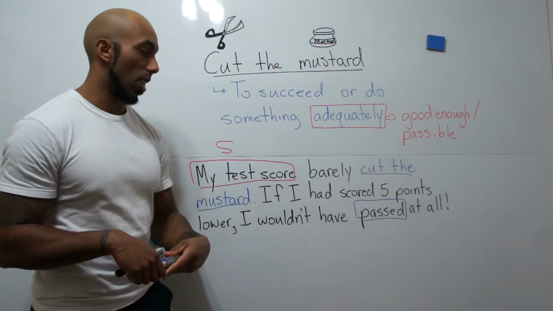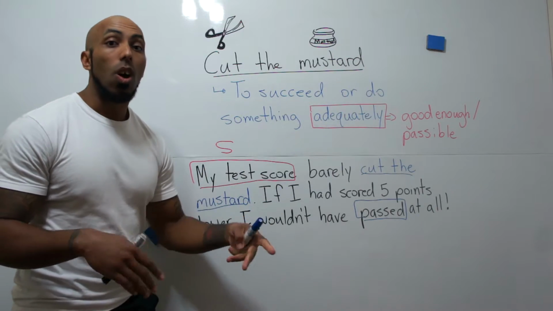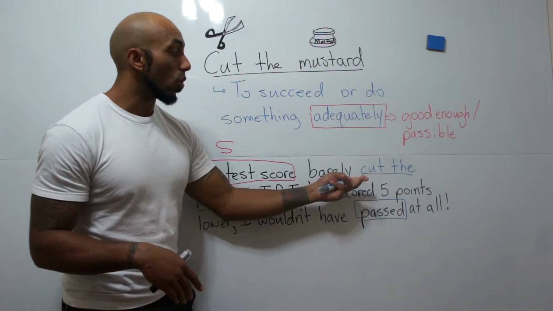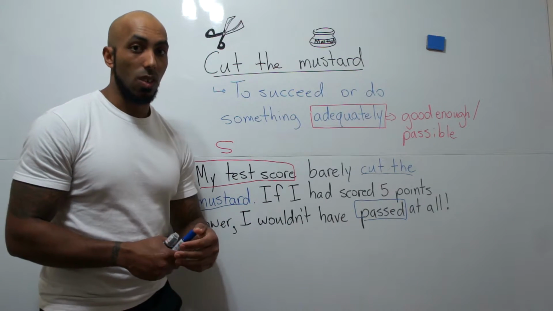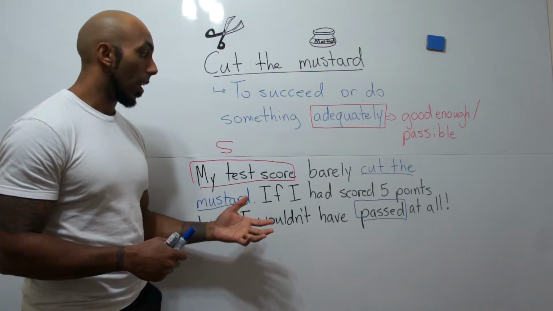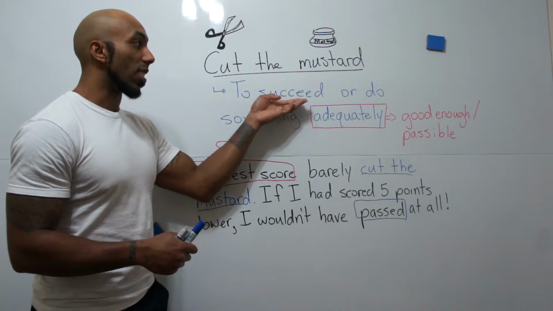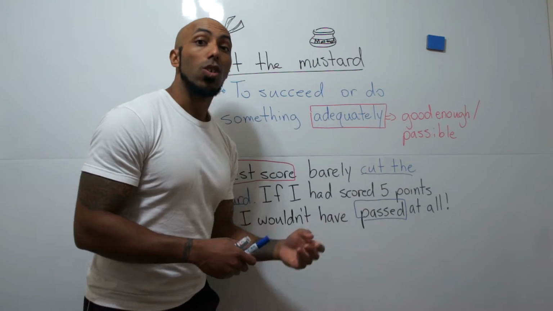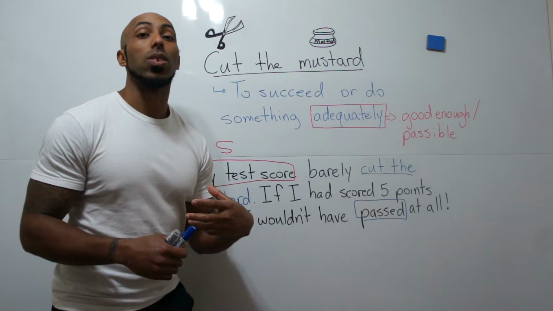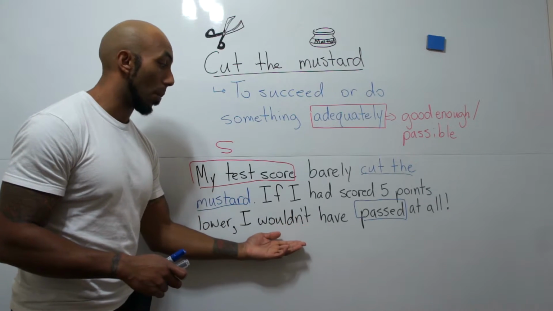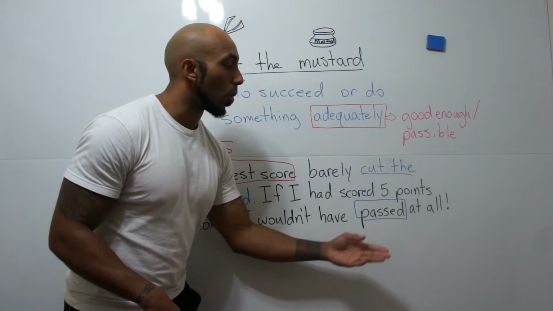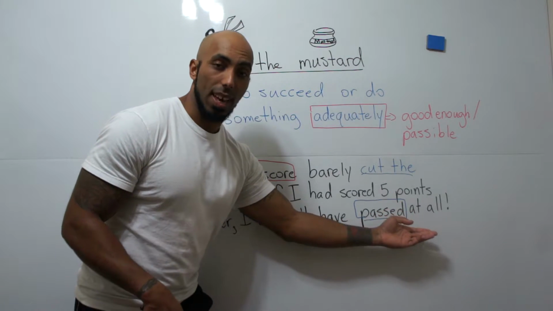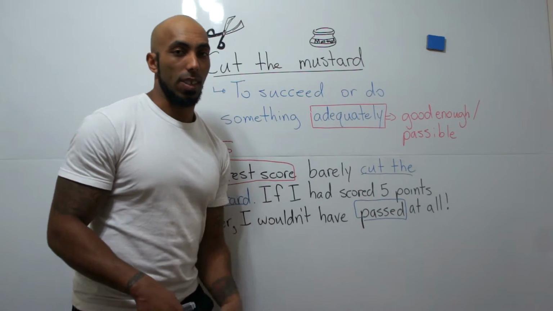Okay, so hence, or for this reason, we use the idiom cut the mustard in this sentence, okay, to explain that our test score succeeded or was good enough to do something. And what was the thing that it was good enough to do in our example? To pass the grade, the class, or to pass the test, the overall grade of the test.